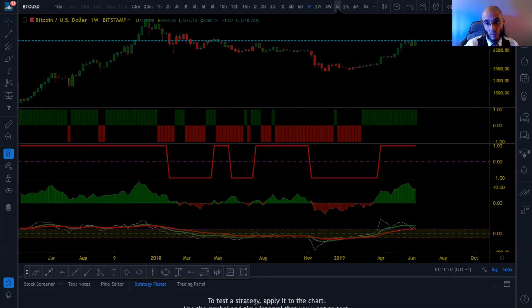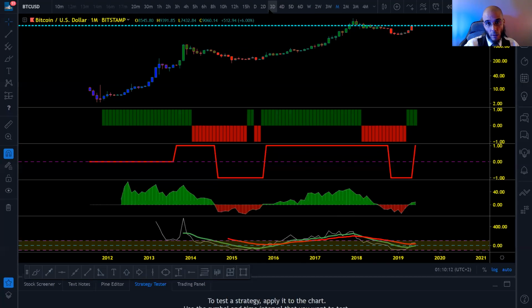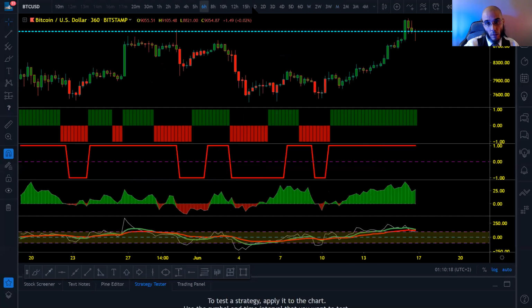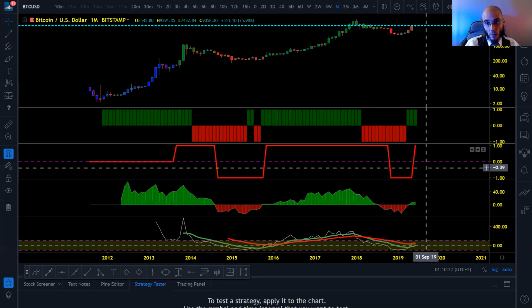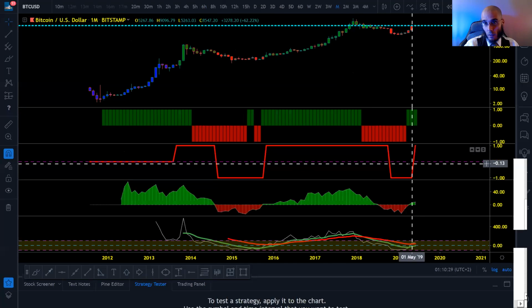Yes, it is. And then 1 week for the commodity. It's positive, and 6 hour is positive too. Okay, strategy MACD and RSI tells me that we entered a bull market.